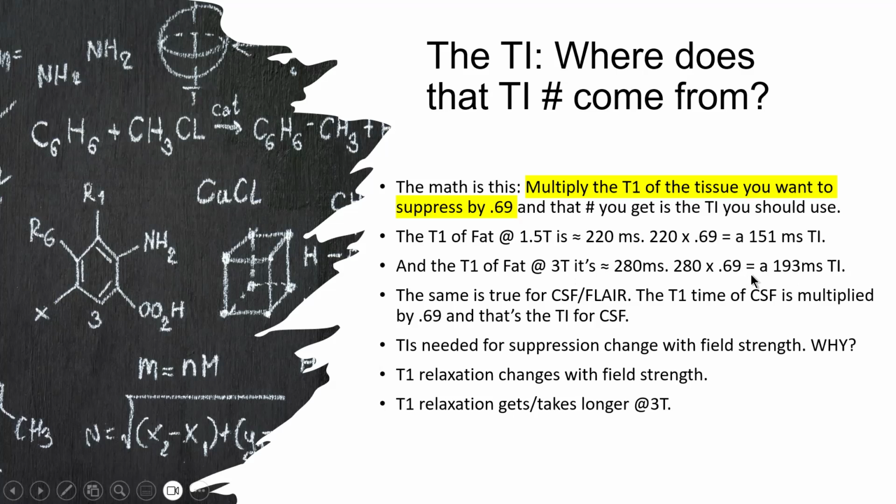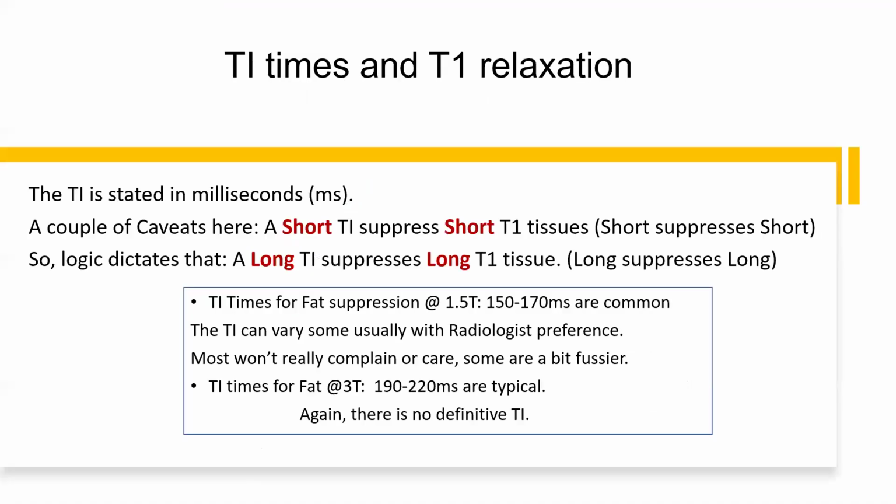So you need a longer TI. So there is no definitive TI. Very common TIs at both fields, but there is no one TI that fits both. Okay, just so you know, T1 relaxation gets longer at 3T versus 1.5. So remember, for TIs, short suppresses short, long suppresses long.